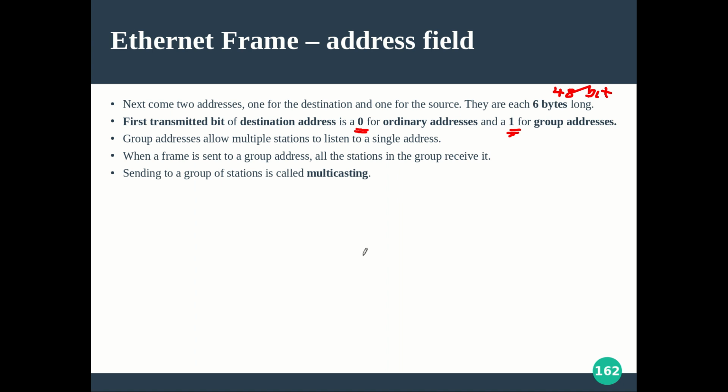Then this is technically called multicasting. When it is an ordinary address and you are delivering to a single machine, we call it unicasting. And there is one more variation of this called broadcasting. Broadcasting means you are delivering to everyone in the local area network, but multicasting means delivering to a subset of machines, that is, to a multicast group.